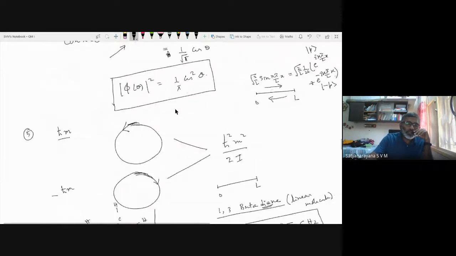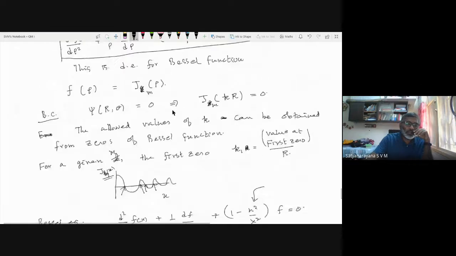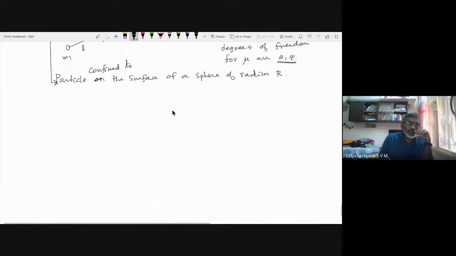So remember here psi depends only on theta comma phi, and r is equal to capital R for all times.